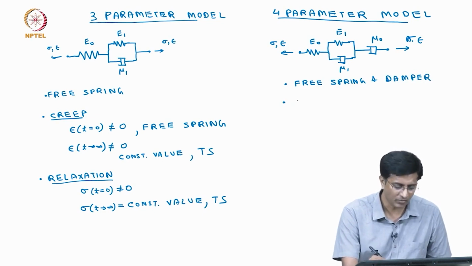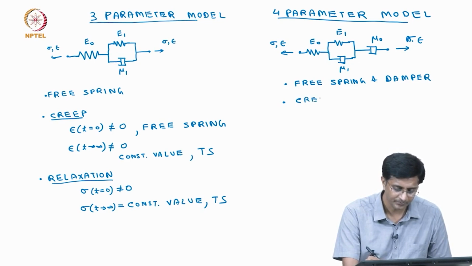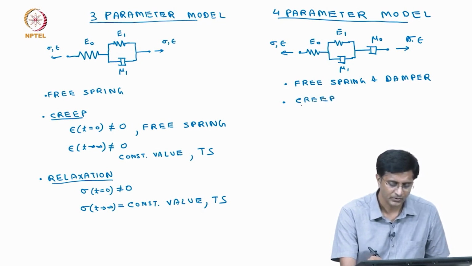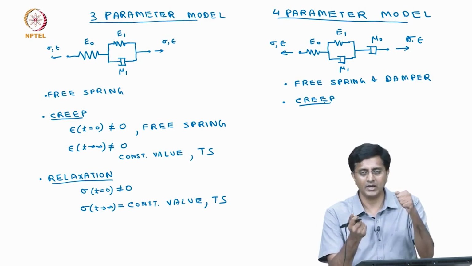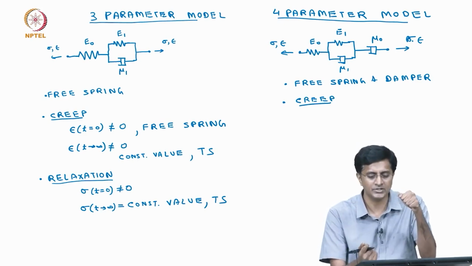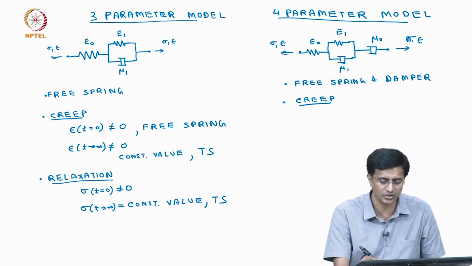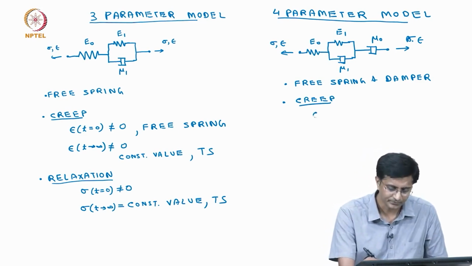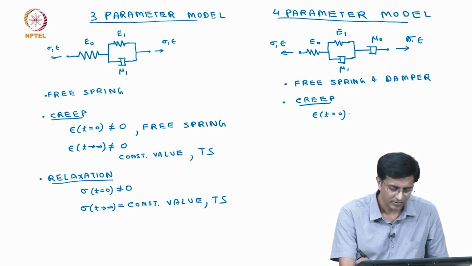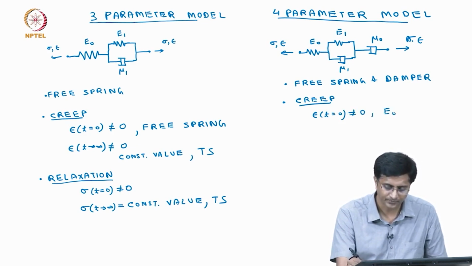So, now again let us see what happens when we apply creep load. So, once we added this dead weight, instantaneously there is deformation, and that deformation is because of E0. Strain at time t equal to 0 is non-zero, and that is because of E0.